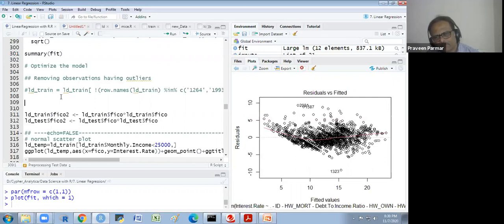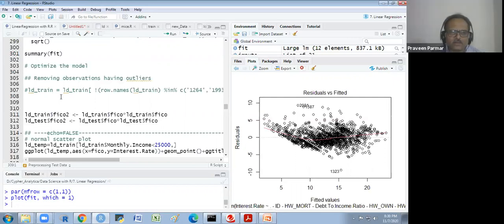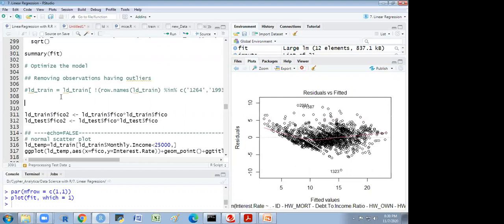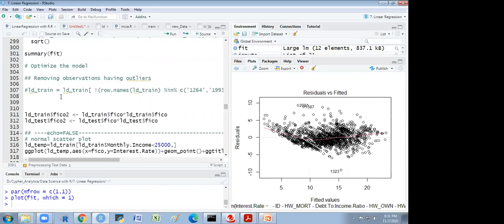How did you select the FICO column? I have done the hit and trial method. Randomly you can choose any one variable? No, no, no. One by one we have to go. One by one. Okay. So finally I got this.